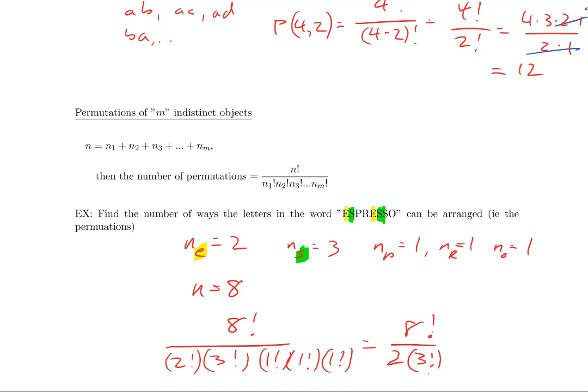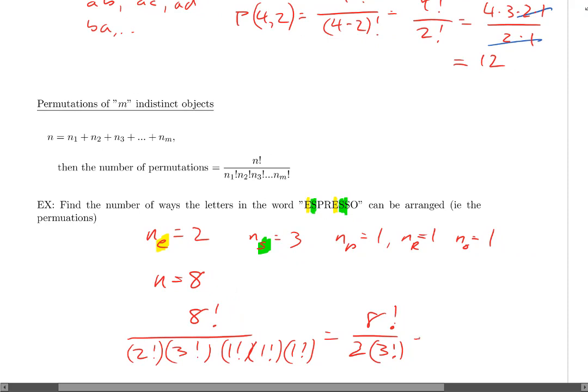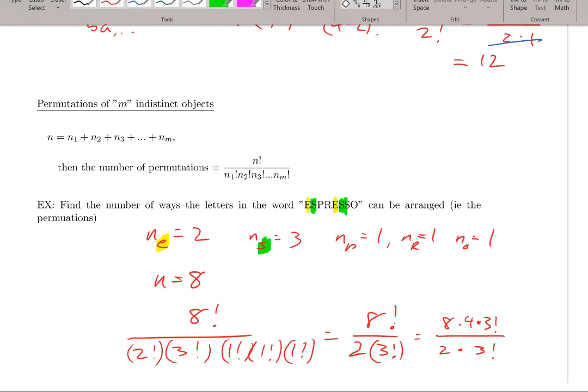And the way you can work this out is you can just start writing out 8 times 7 times 6 times, well actually it's 3 factorial, because you just keep going down, over 2 times 3 factorial, and you notice we have this really nice cancellation.